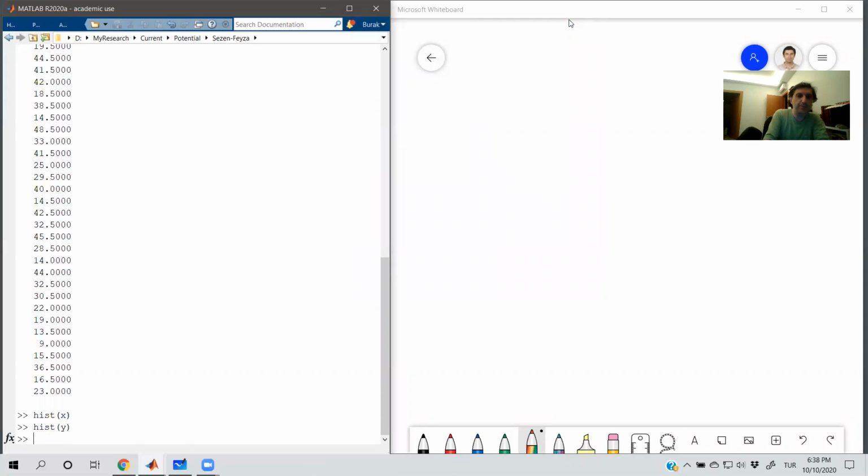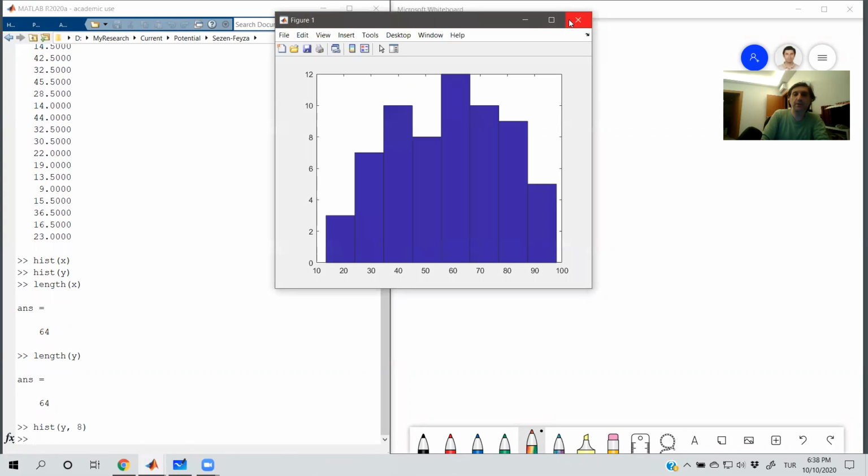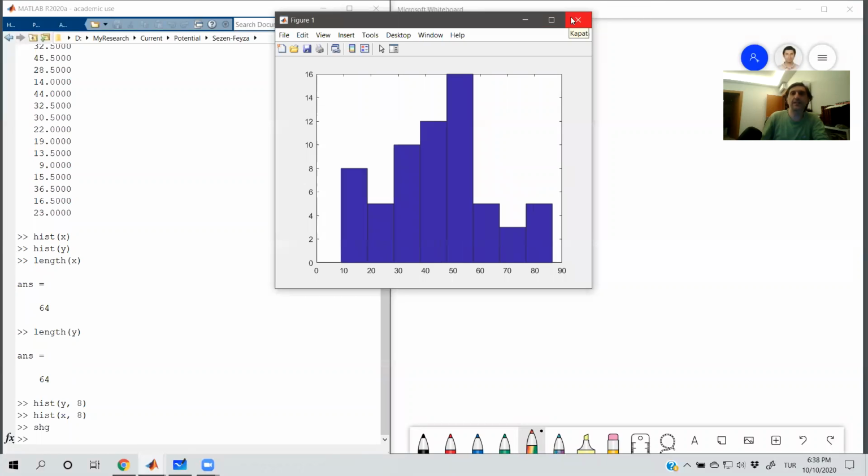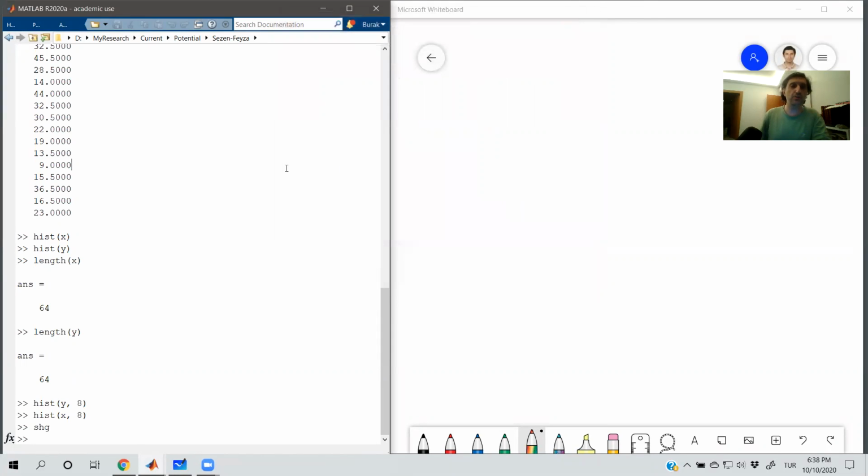Actually, what's the sample size here? Let's see. Length of X, 64 grades, and 64 grades here, of course. Therefore, I think the histograms should have been with 8 bins. Still not very normal, but I think that's sufficiently close to normal.